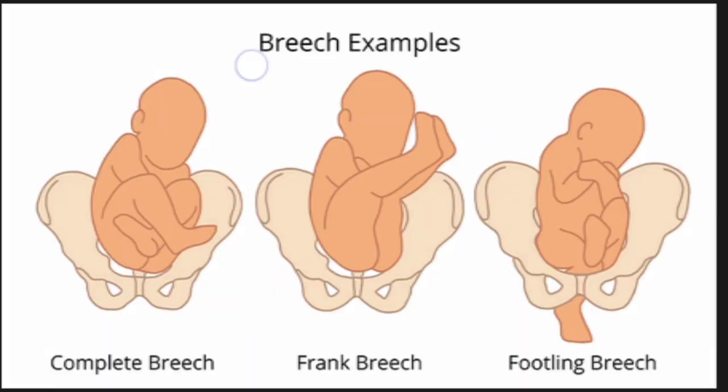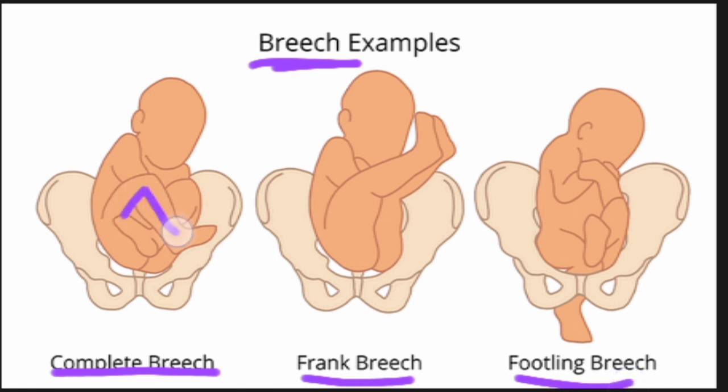During breech delivery, apart from seeing the positions, we also see the types of breech delivery: either complete breech position, frank breech position, or footling breech position. In the complete breech position, the baby's legs will be completely folded, there is no extension. In the frank breech position, the baby's both legs will be extended.